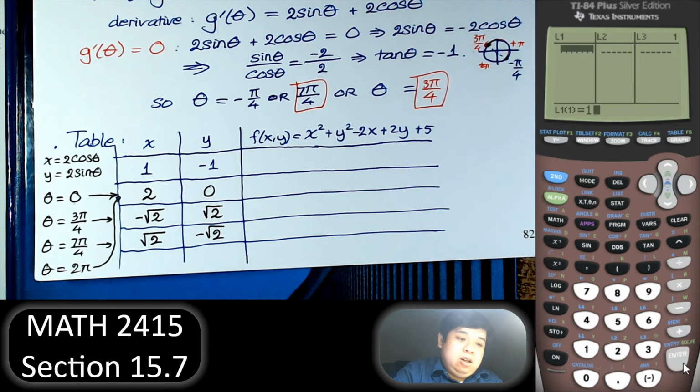So we have 1, 2, and negative square root of 2, and square root of 2.